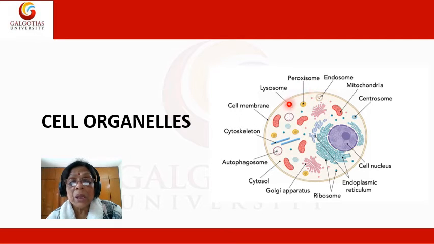Now this is the cell membrane or plasma membrane. Then this is mitochondria. This is lysosome. This is endosome. Now these are the Golgi apparatus, and this is the endoplasmic reticulum.